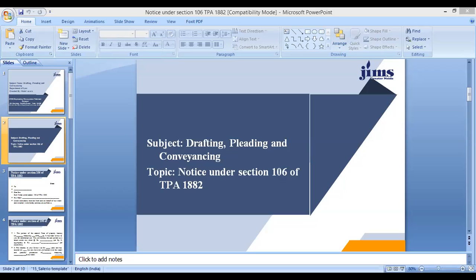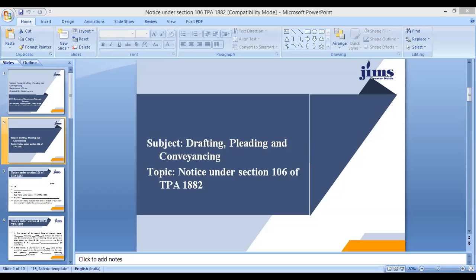So it provides the duration and how that time period is to be calculated. It provides the duration of certain leases in absence of written contract or local usage, meaning thereby Section 106 would be applicable in those cases where there is no written contract or where there is no local usage.